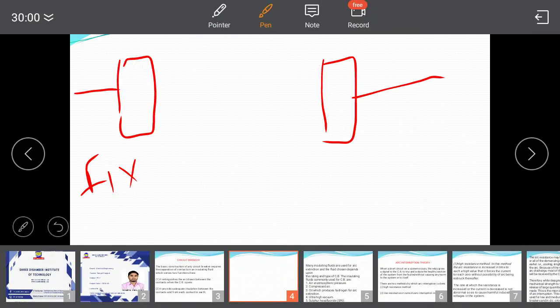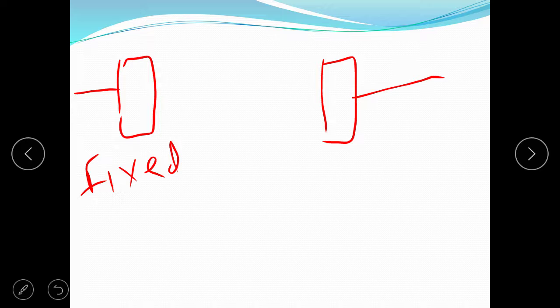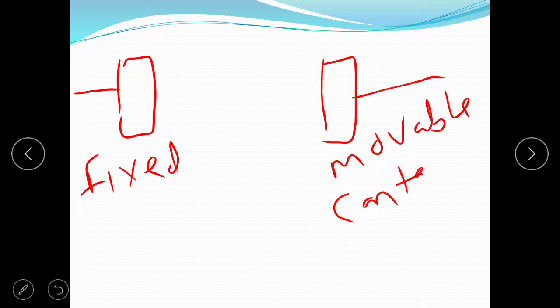So a basic circuit breaker consists of two parts. There are two contacts of a circuit breaker in which one is a fixed contact. Suppose this is fixed contact and this is movable contact.